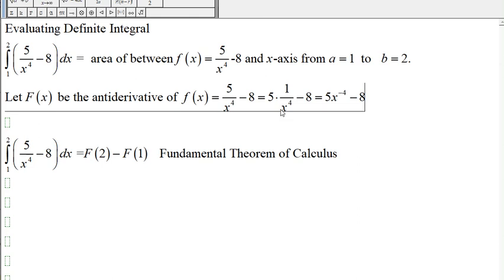So 1 over x to the 4th is the same as x to the negative 4. And so now let's find the antiderivative.